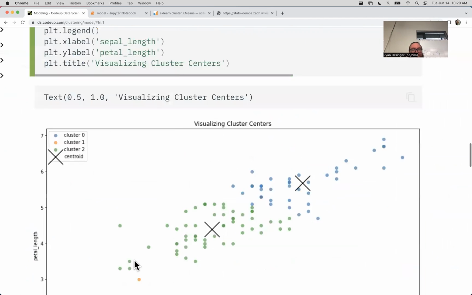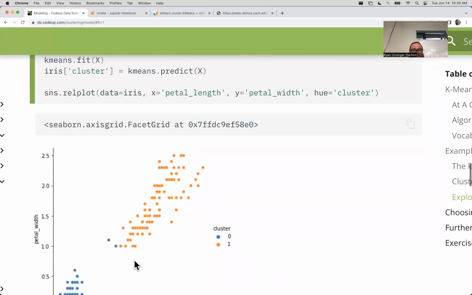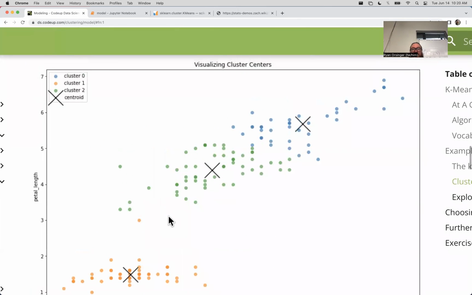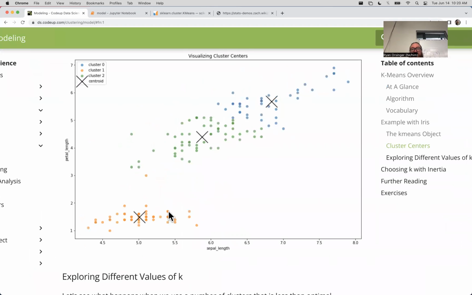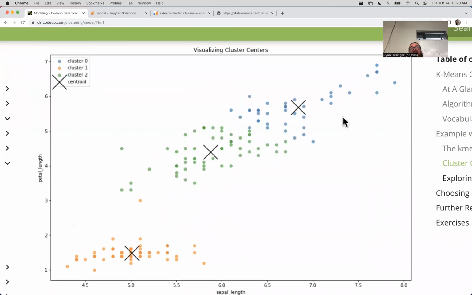And so let's go back to another example real quick. I talked about inertia, one of our new vocabulary terms. It's the sum of the squares of all of the distances. So we've seen squaring distance and we've seen summing that before.